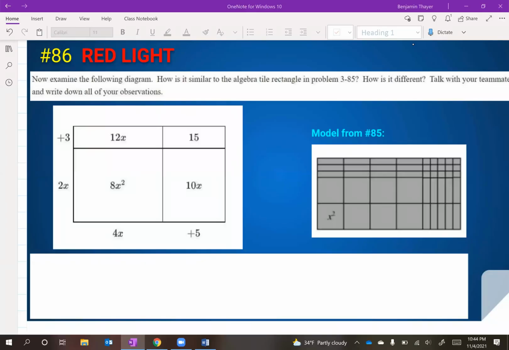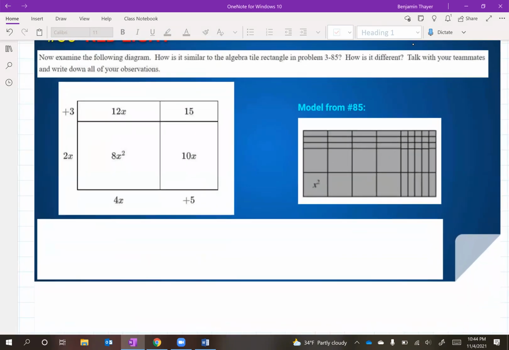Okay, if you paused the video and have had some time to share, now's a good time as a class to share out some noticings. How are they different? You might have noticed that one is made of algebra tiles and one is not. How are they the same? You might have noticed that their dimensions are exactly the same.